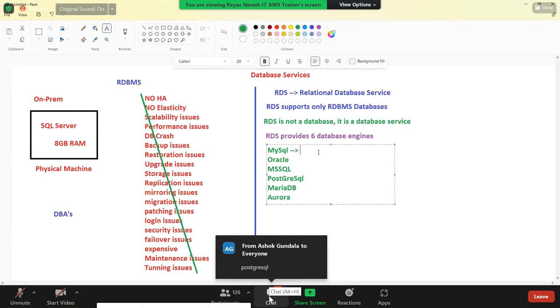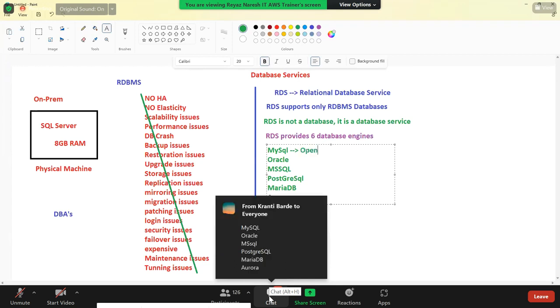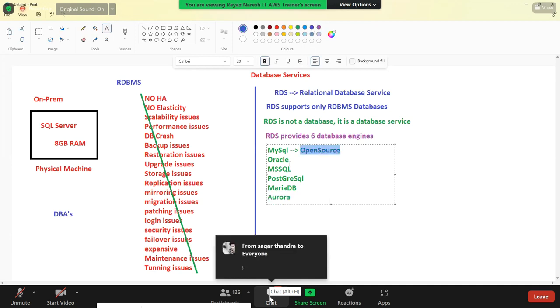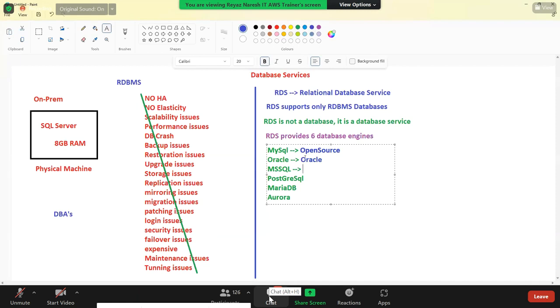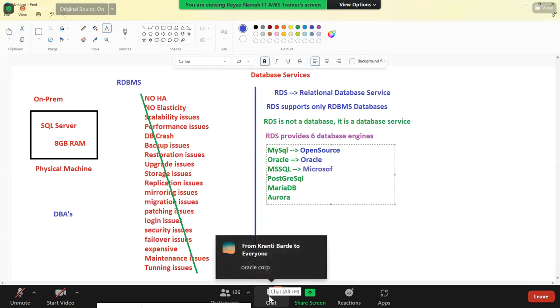MySQL, you know very well, is open source. Yes or no? And Oracle is from Oracle itself. MS SQL, you know very well, is from Microsoft. Postgres, again, is open source.